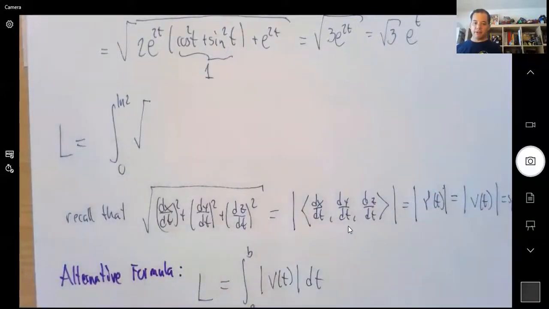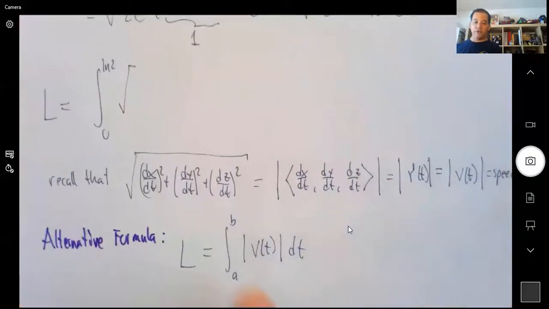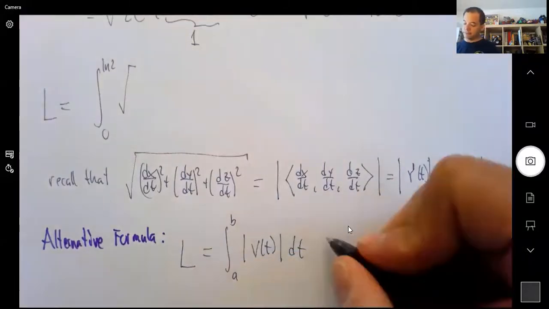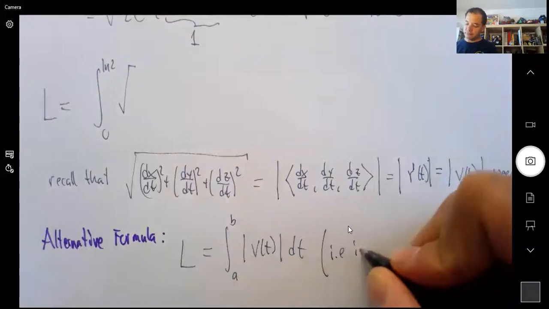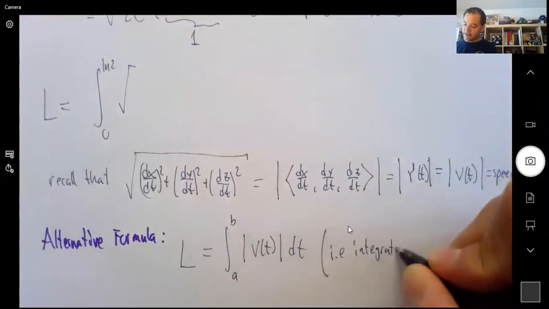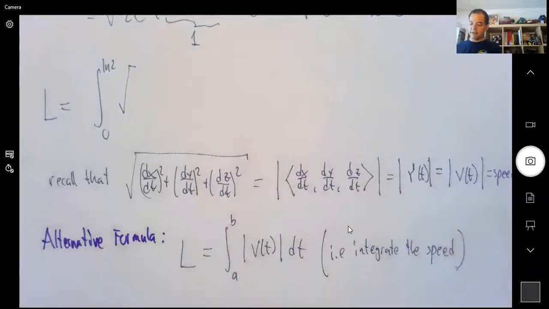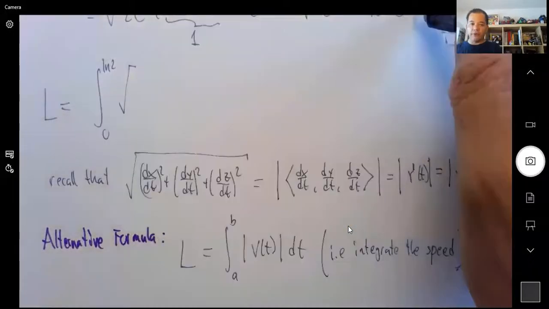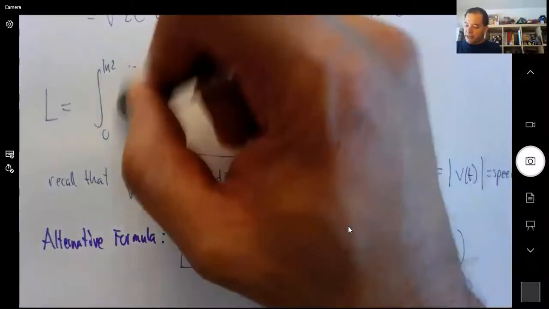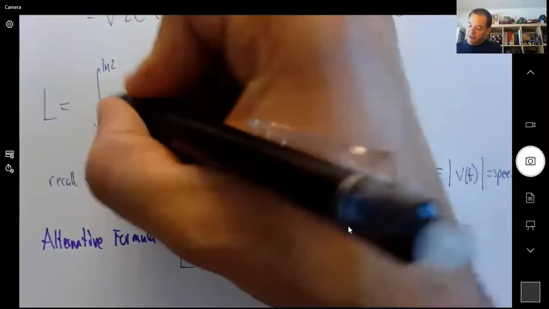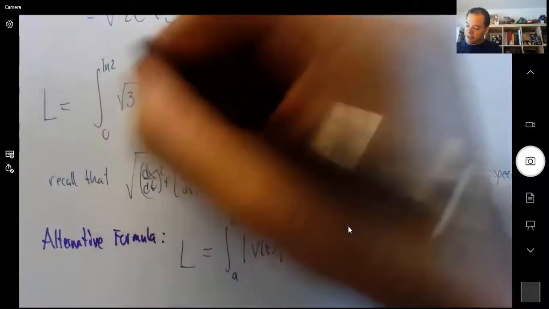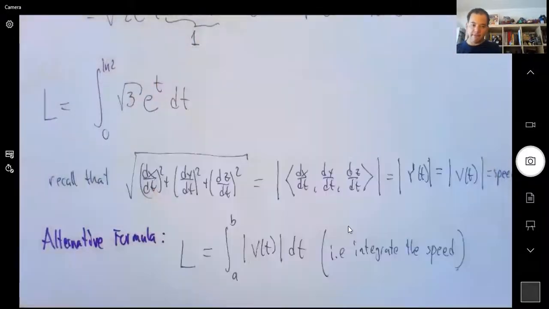So in other words, to get the arc length, you can integrate the speed. That helps a lot, right? Because here we don't need to redo all the work. We only need to integrate square root of 3 e to the t for the problem we were doing.